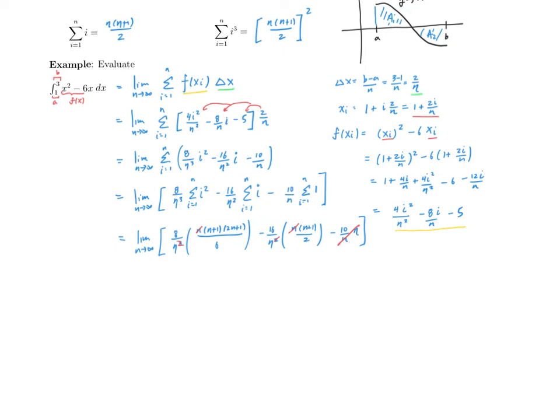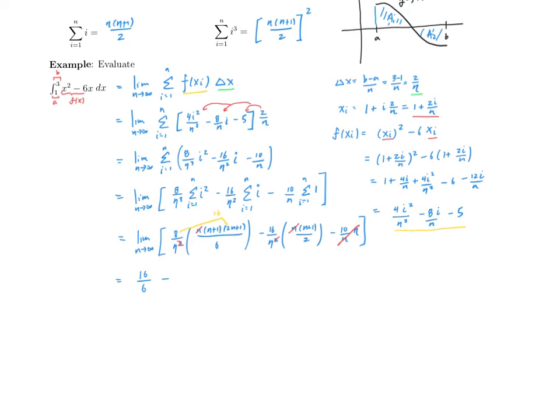And the first 2 are limits of a rational function in n. So with our simplification, we could say degree 2 over degree 2. So we simply divide their leading coefficients. And if we do that, the leading coefficient in the top, we have to be somewhat careful, is 8 times 2 to give us 16. And in the bottom, it would be a 6.